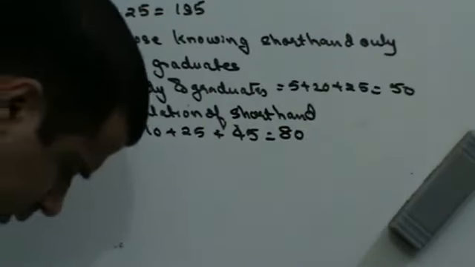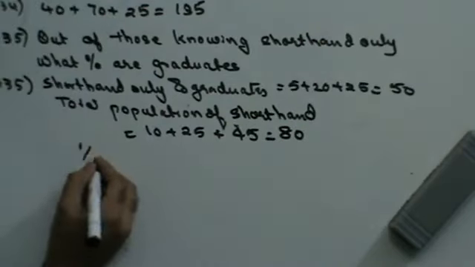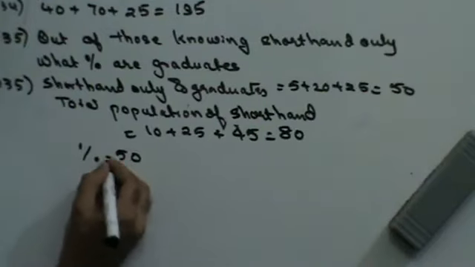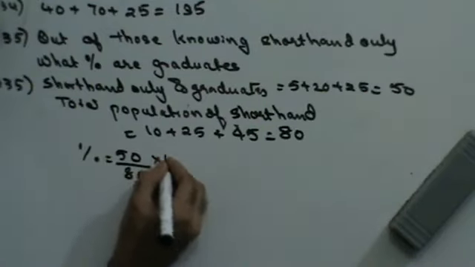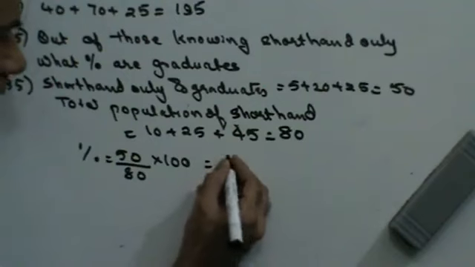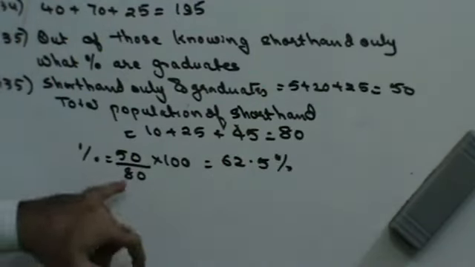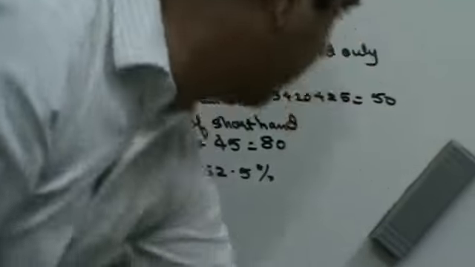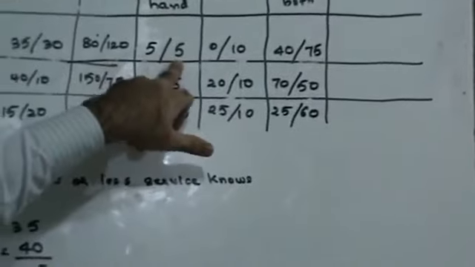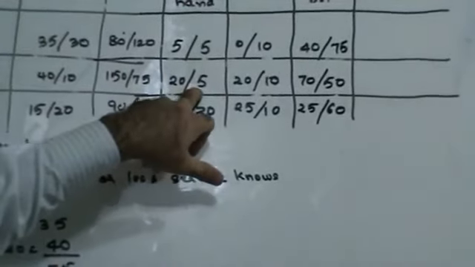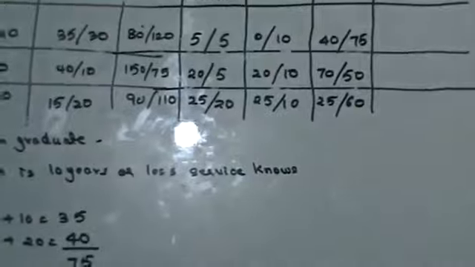Right? So in that case, percentage is going to be 50 divided by 80 into 100. Can someone please help me get that? 62.5. Where did you get that from? Out of those knowing shorthand only, shorthand only in this age group is 10 plus 25 plus 45. That's how I got it.